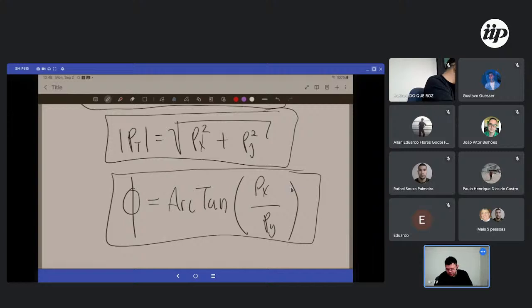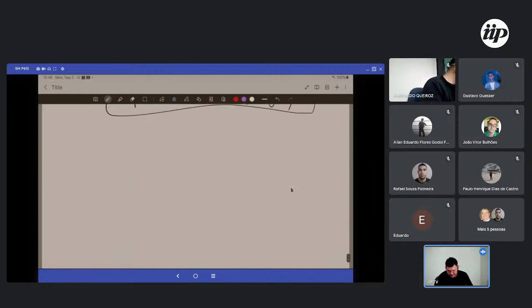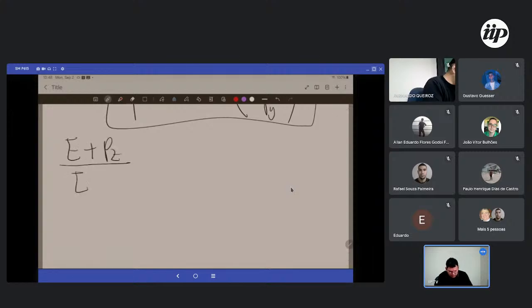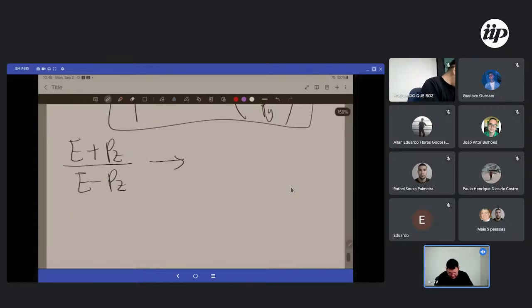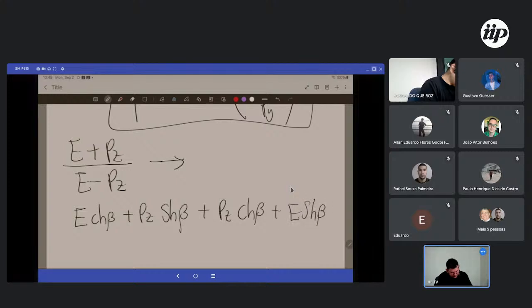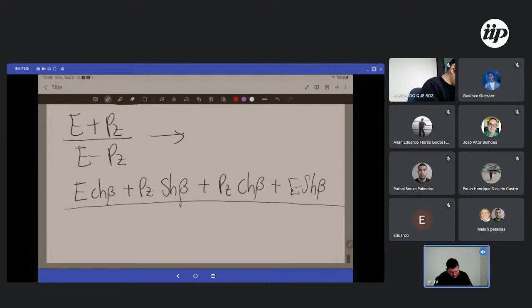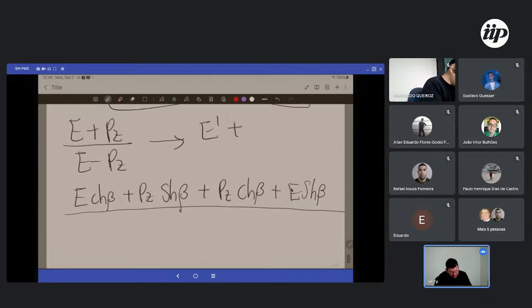Another quantity that is important to understand: if we take that relation and do the transformation, we can obtain E sinh beta plus pz cosh beta.